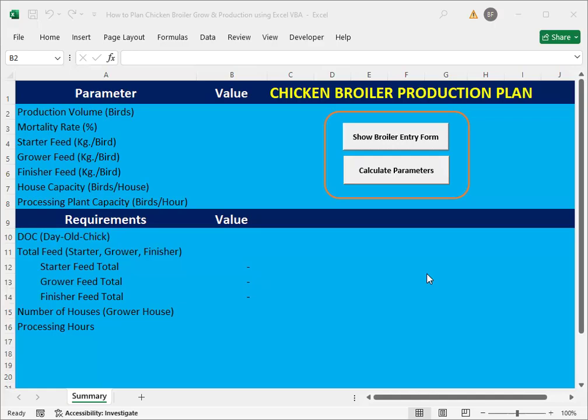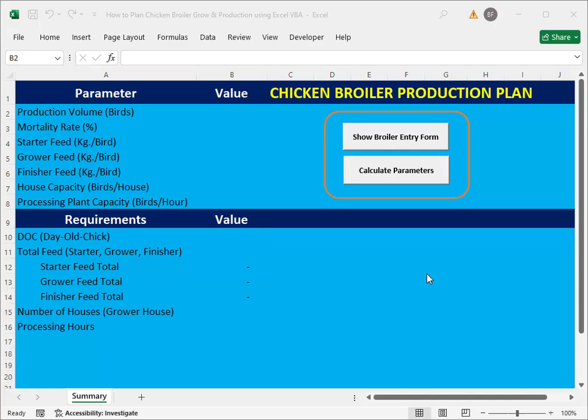And along the way, when you're growing your chicken in the farmhouses, there will be mortality. Okay, there will be dead birds along the growing of the bird in the farmhouses, and we should determine the percentage or the mortality rate. It could be 5%, 6%, depending on where you are growing the bird or the zone that you grow your bird.